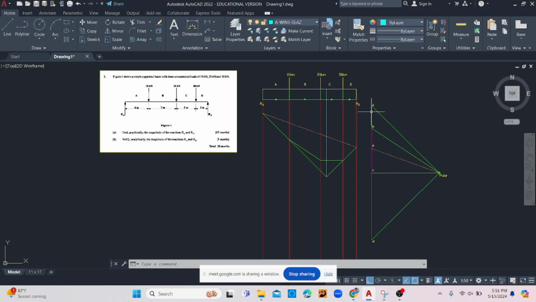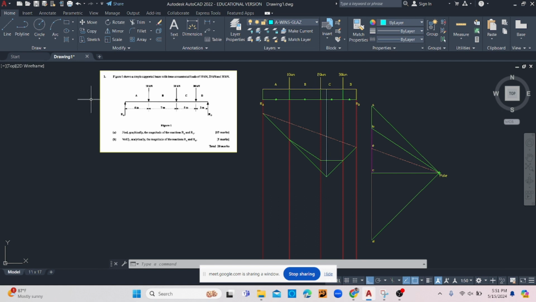Now you simply have to use your dimension tool to dimension these points here. How are we going to do that? You're simply going to do a dimension from O, that point there, or E, to point A and to point D. Once that is all out of the way, let's go ahead and manually calculate the reactions RA and RD.